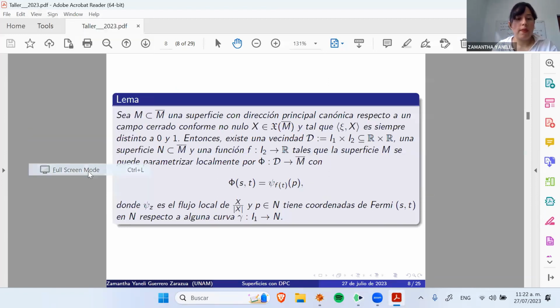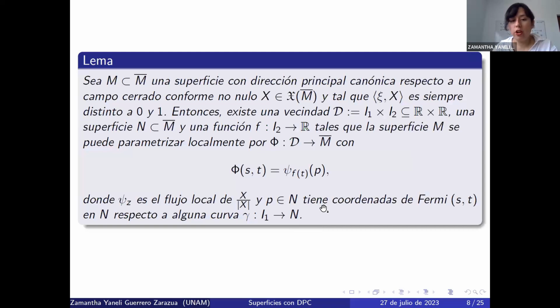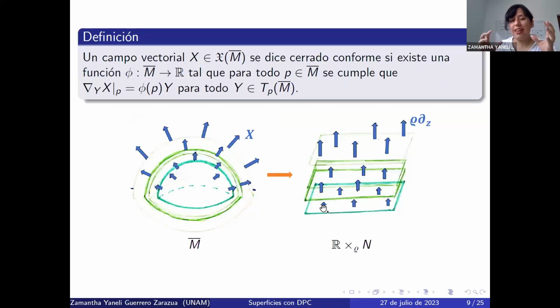So for starters, we're taking the case specifically where we have canonical principal direction with respect to a closed conformal field. This means that, for starters, our ambient space must admit a closed conformal field. So we have a foliation which allows us, instead of working in N just like that, to actually work in the warped product.